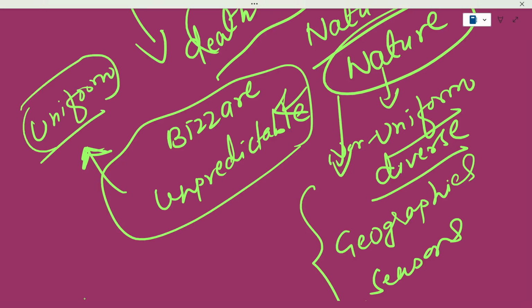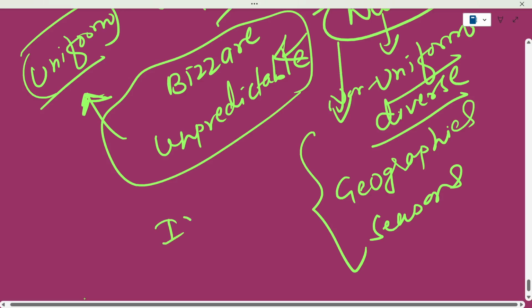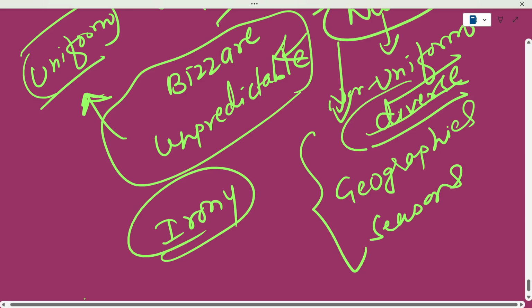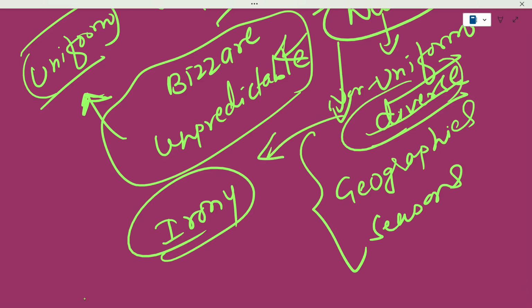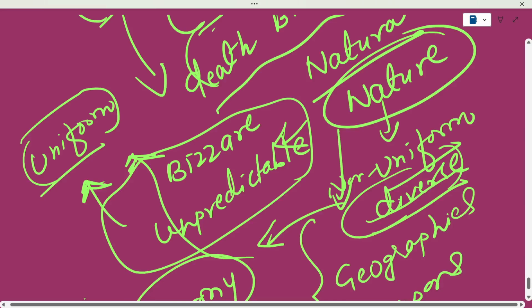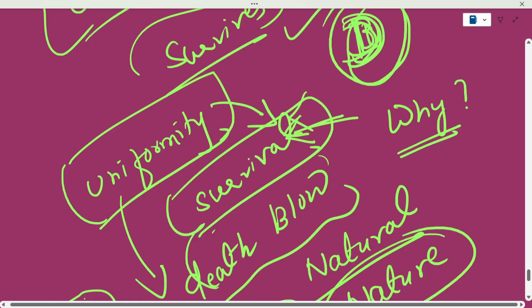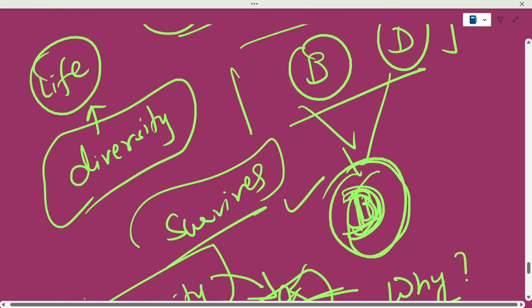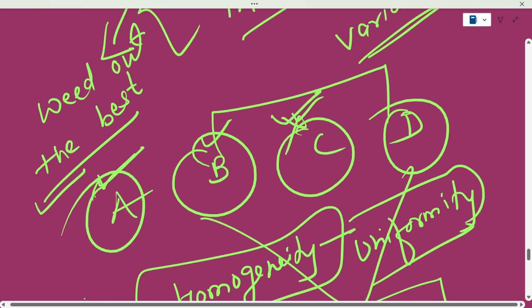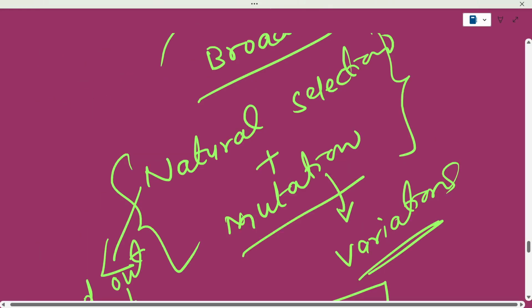It should not be. Diversity should be there, but it is an irony that the thing that is unpredictable and diverse in itself tries to bring about uniformity in the life form. So we will talk about that later in some other chapter. अभी के लिए आप इतना समझ लीजिए that there are two major factors.